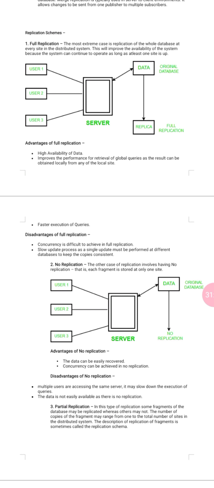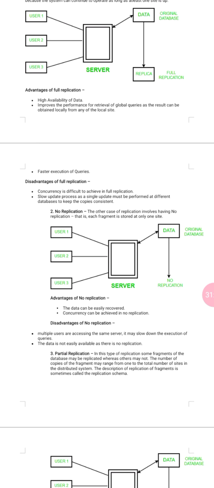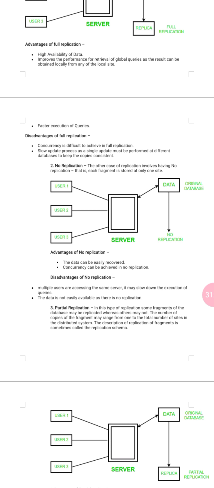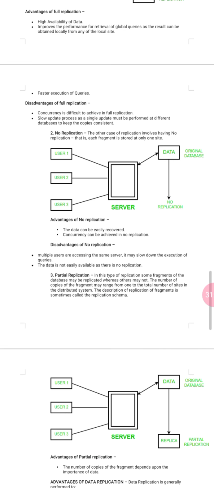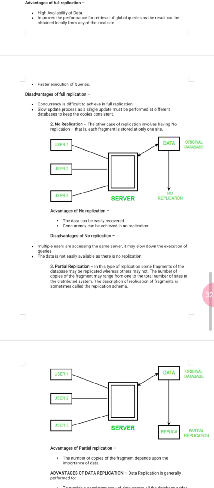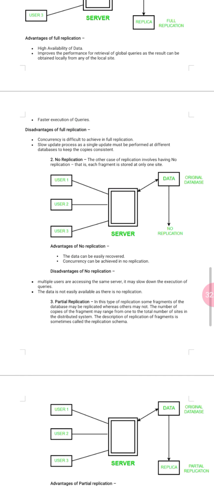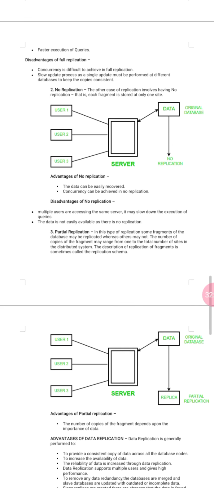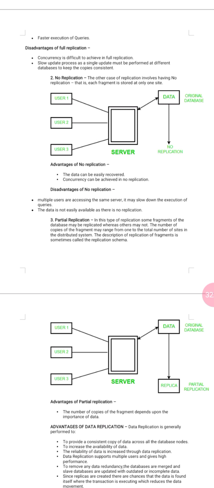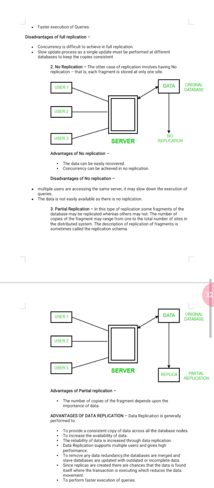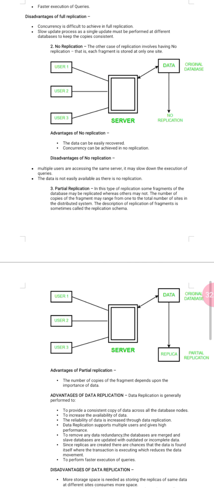Advantages of full replication are: first, high availability of data; second, improved performance of retrieval or global queries, as the result can be obtained locally from any of the local sites, right? And the third advantage is faster execution of queries. A disadvantage of full replication is that concurrency is difficult to achieve.